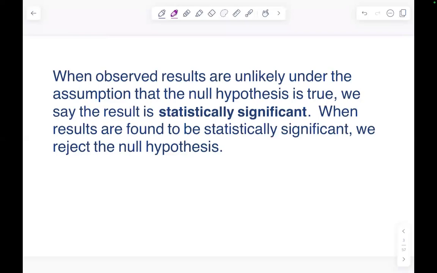Because we determined something is so unusual to happen in a sample that the null hypothesis can't possibly be true or isn't likely to be true, then we say that we can reject the null. So if it's statistically significant, we reject the null. Don't worry, I'm not going to require you to use these words. It's just good information.